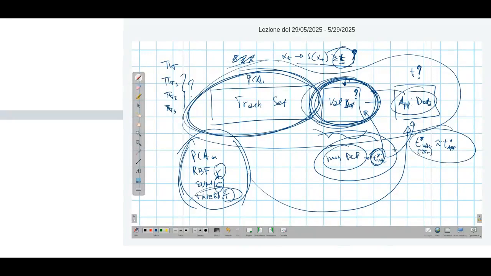This is a threshold that was obtained optimizing the min DCF for the specific application pi t. If we now change the application, we need to redo everything. So we need to have our validation set at least, typically just the validation set because we are not retraining the models. We may want to keep this fixed. So the validation set is enough, but still we need the validation set and estimate everything from scratch.